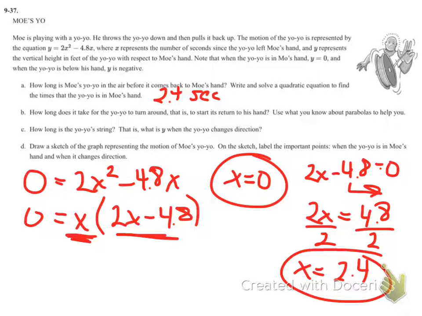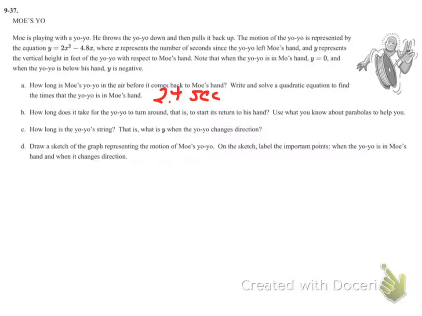For problem B, we want to know how long it takes for it to turn around. If we think of the yo-yo, it's going from his hand, going down, and then coming back up. If I think of this more as a graph, it's going to come down and go back up like this.